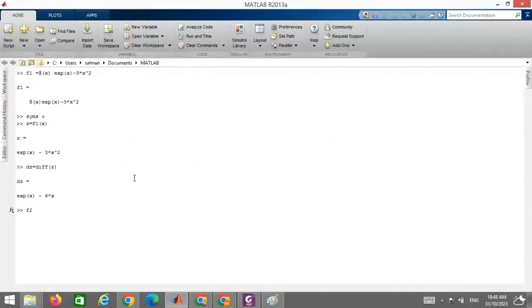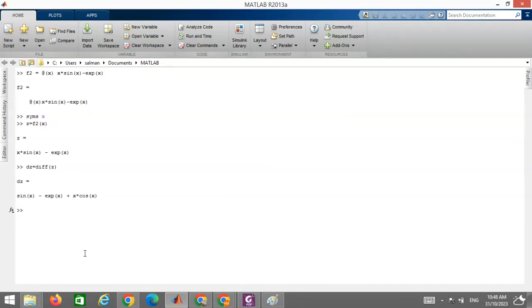For that, I will write another equation f2. I will just clear all this, and then I will write f2 is a function of x, and what is the function? x into sin x minus exp of x. Okay. So in z I write f2 of x, and in the differentiation of z, I will write diff of z.